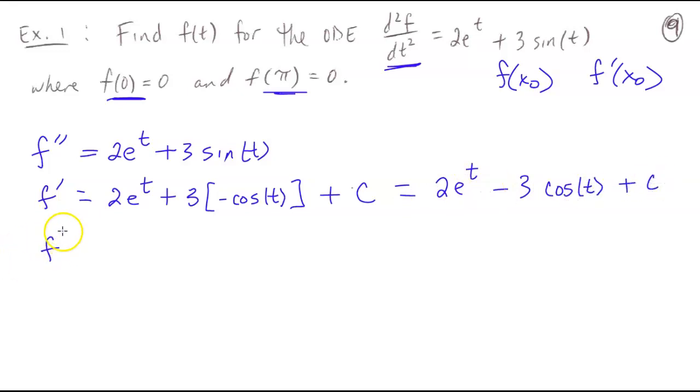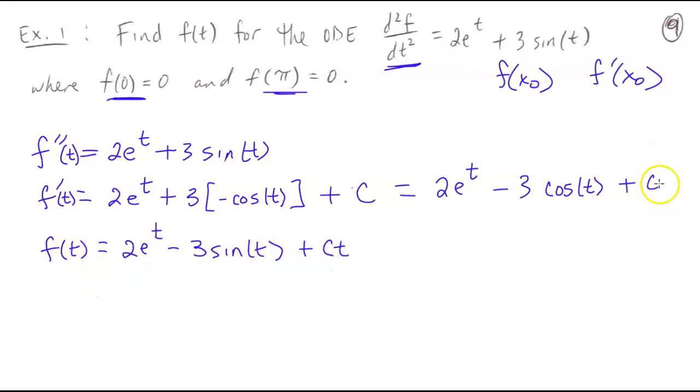And so now to get to the original function, and just for clarity, I'm going to put the variable t in there. We need to take the antiderivative of what we see here. The first term will just be 2e raised to the t again, then minus 3, and the antiderivative of cosine is sine. Now for the constant, the antiderivative of any constant is that constant times our independent variable, which is t.